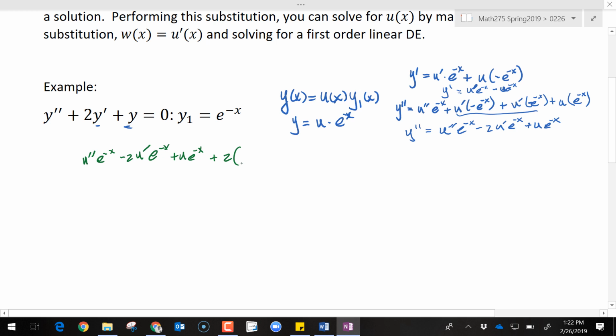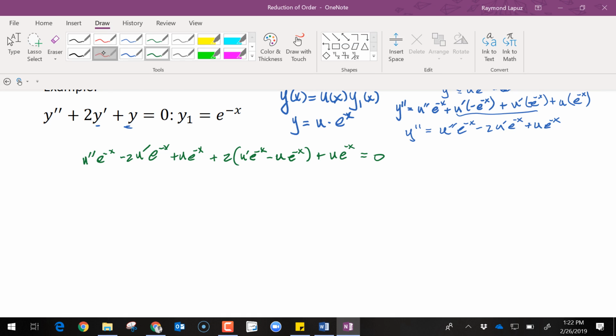So that's y double prime. Y prime is up here. That's u prime e to the negative x minus u e to the negative x. And then y is just u times e to the negative x. Got all the components here.